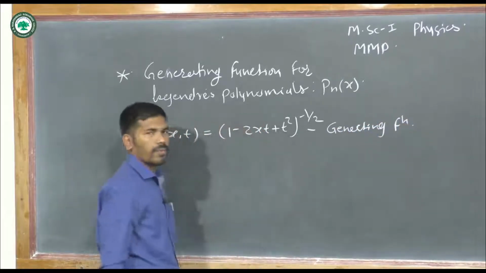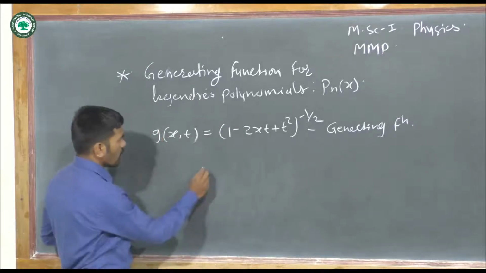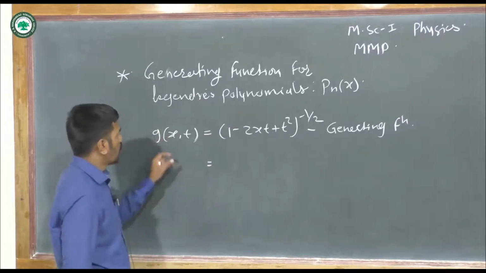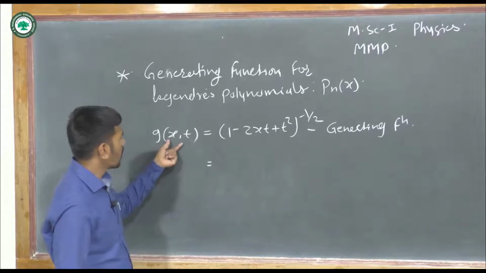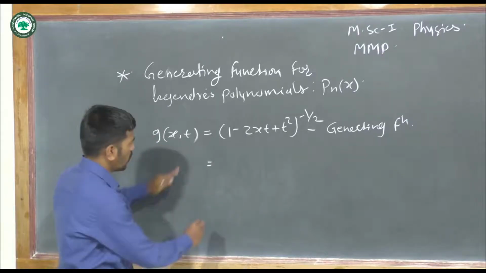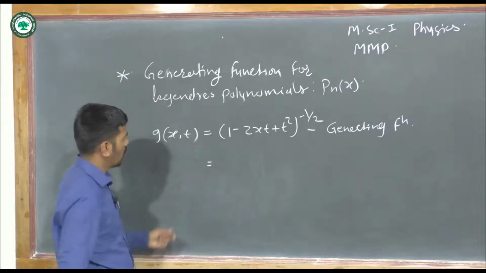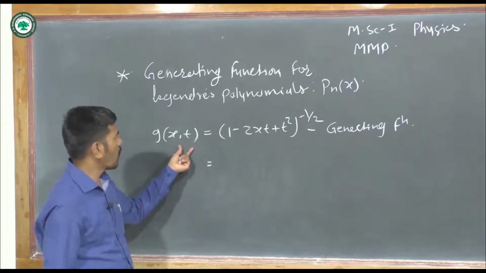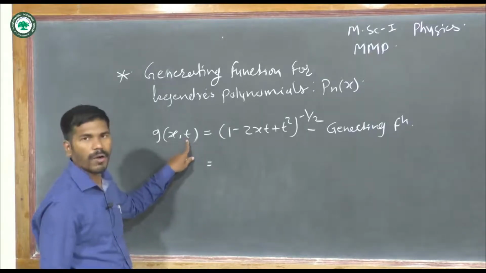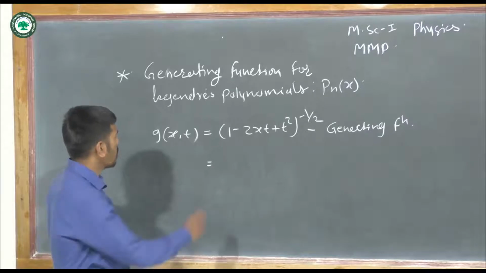for the Legendre polynomials. When we expand this generating function around t equal to 0, the coefficient of t power n in the series is the Legendre function.